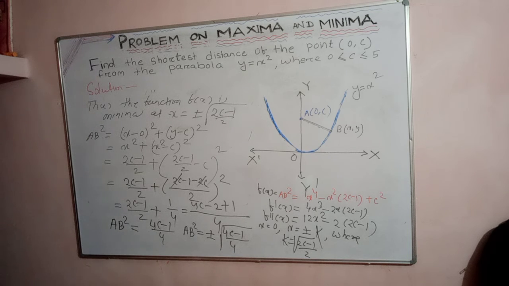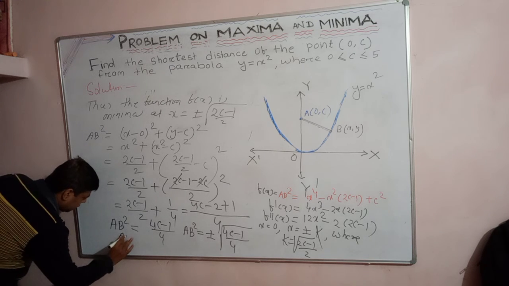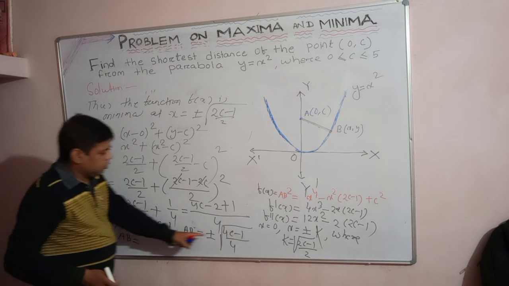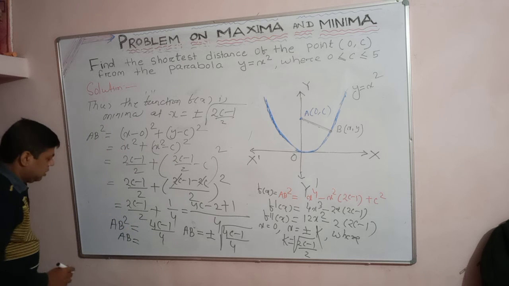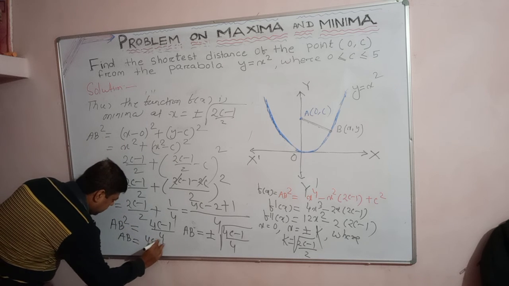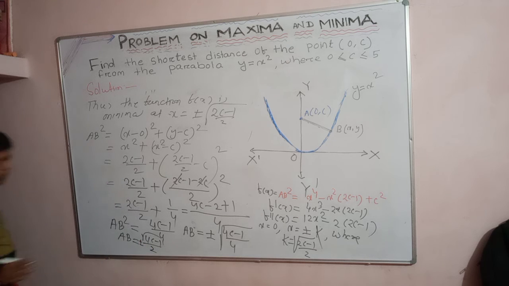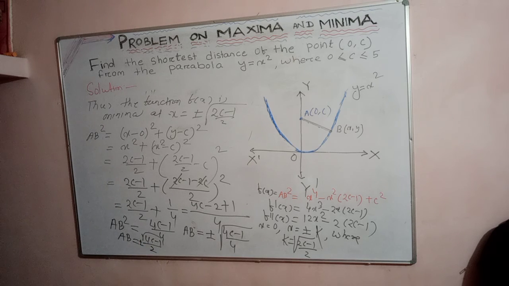So AB is equal to root of 4c minus 1 divided by 2, plus minus. And this is the shortest distance of the point 0c from the point on the parabola. Is it clear? Is it clear, all of you?